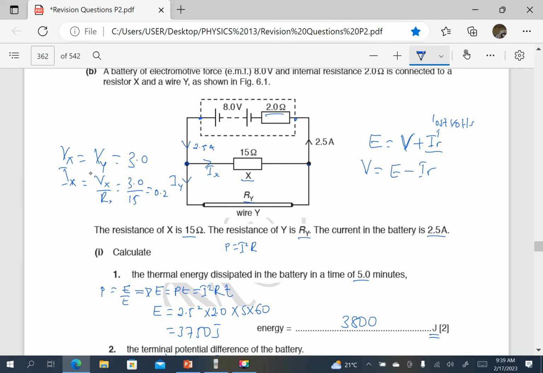It means the current which comes into Y is going to be 2.5 minus 0.2. So now I will know the current coming through Ry, and if I know the PD across Ry, I should be able to get the resistance Ry.